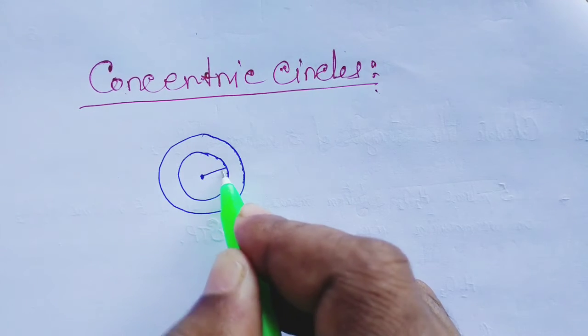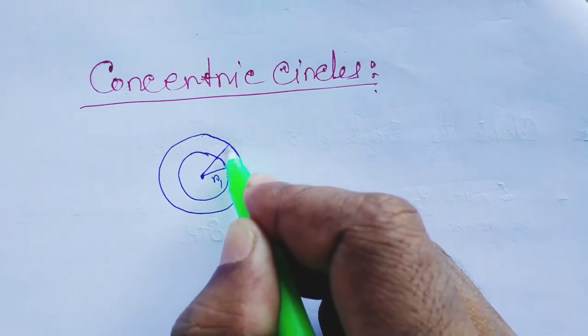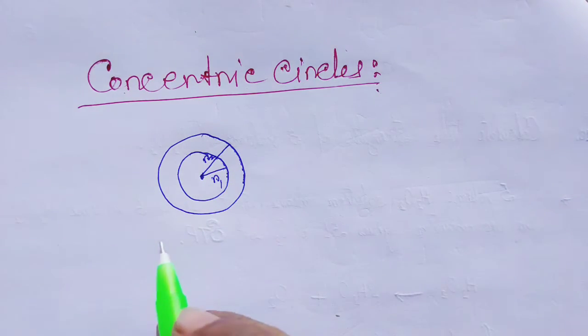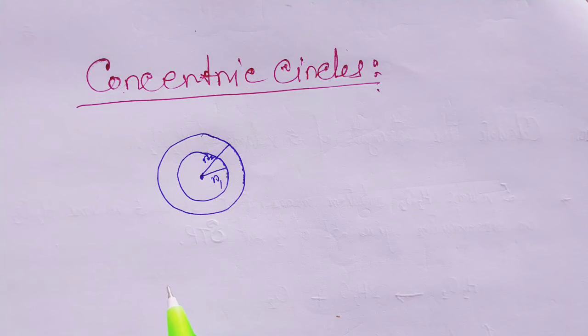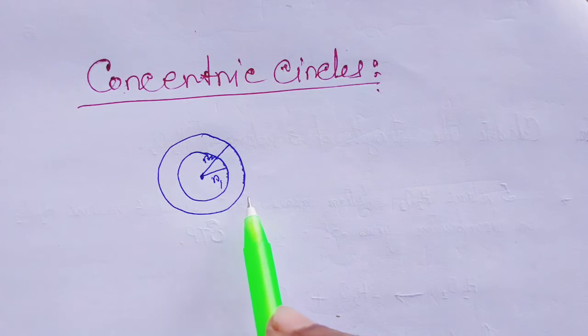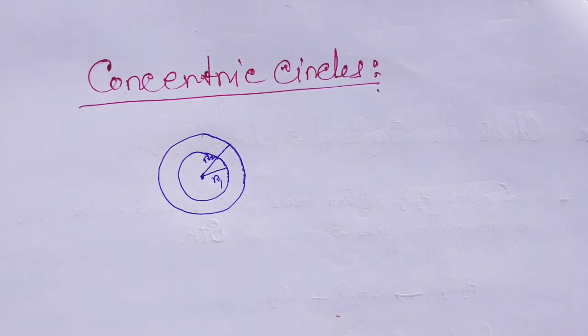Think that this radius is R1 and this radius is R2. Then they are called concentric circles. Understood everyone? So what is a concentric circle? Two circles having the same center but different radii, R1 and R2, are called concentric circles.